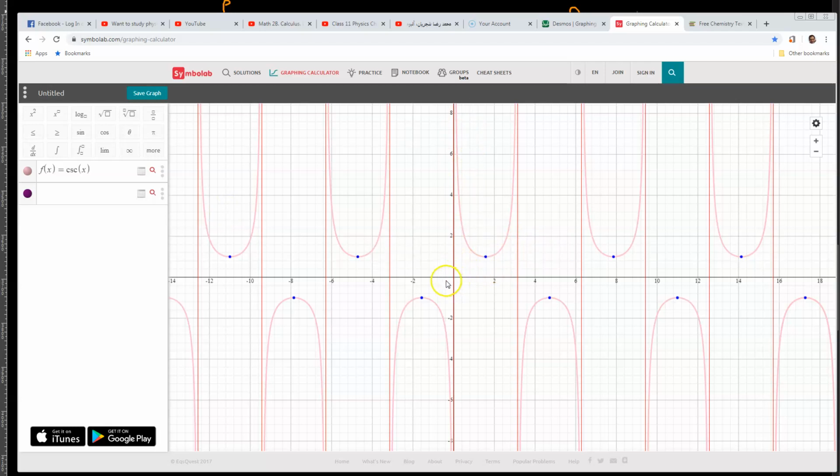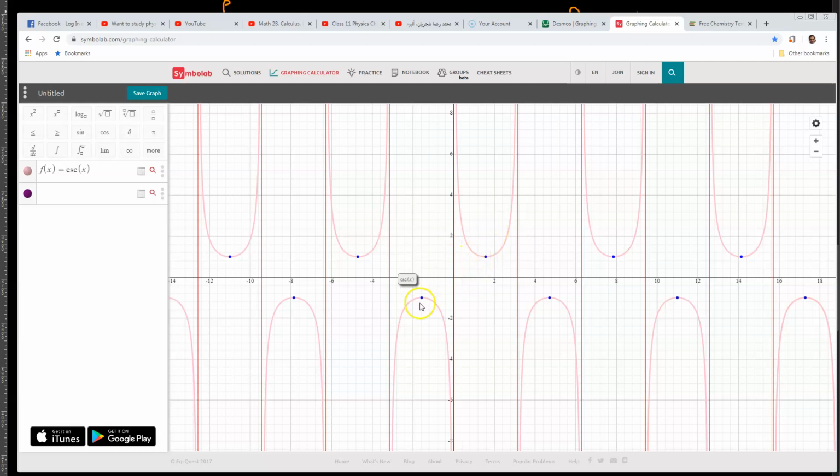In the interval 0 to pi, for example, the function is not one-to-one, because you have the same outputs here for different inputs.